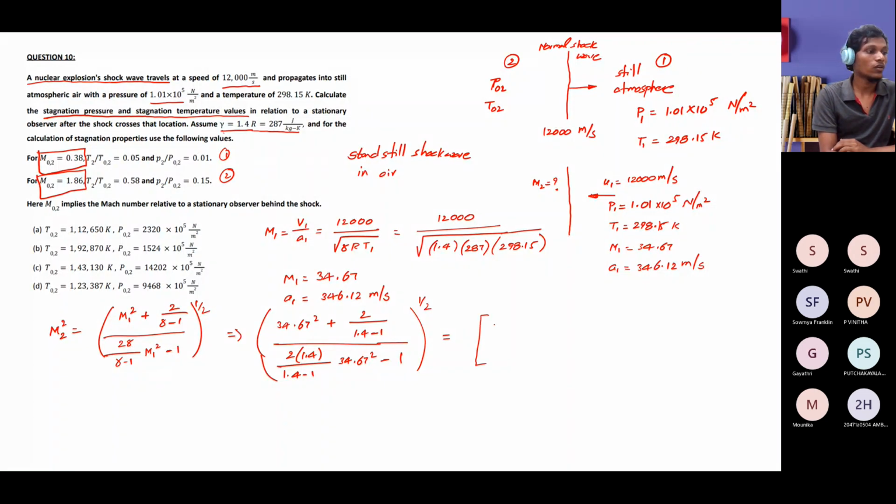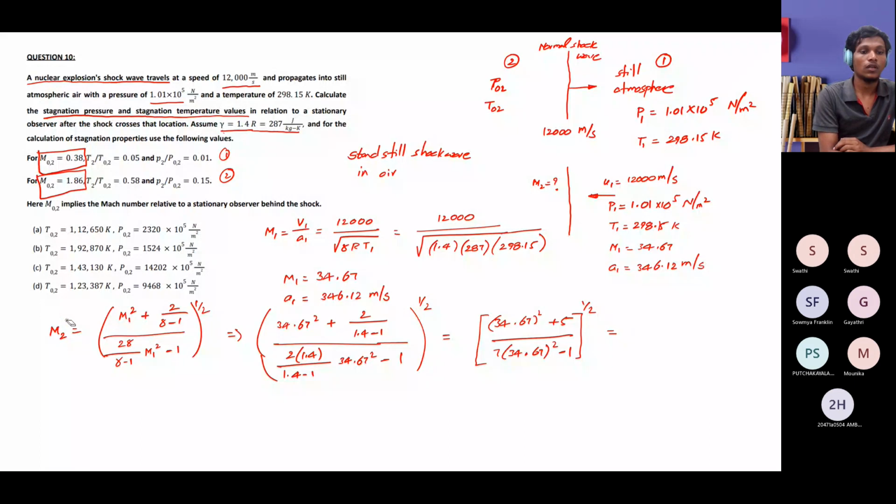If you simplify, you will get 34.67 square plus 5 over 7 times 34.67 square minus 1, and whole over 1 by 2. So the final value is M2 equals, so this is not M2 square. The final M2 value is 0.38.